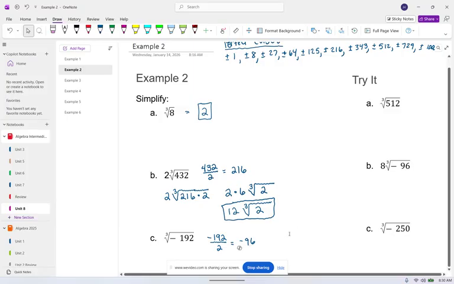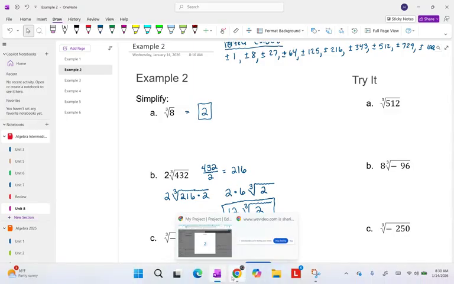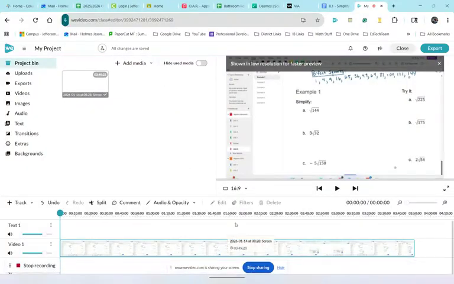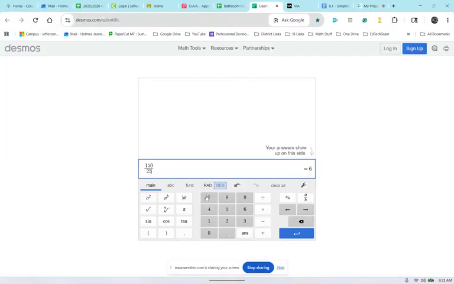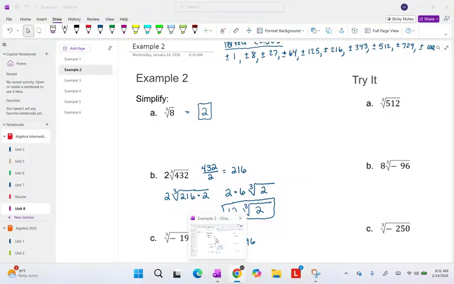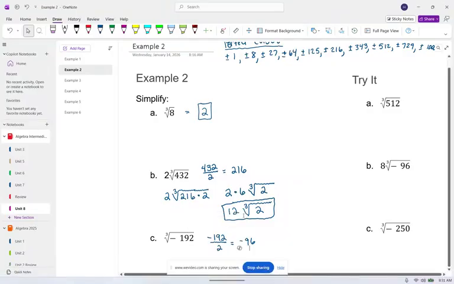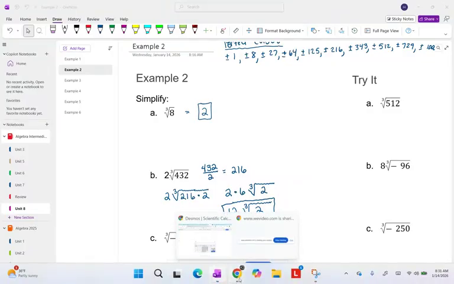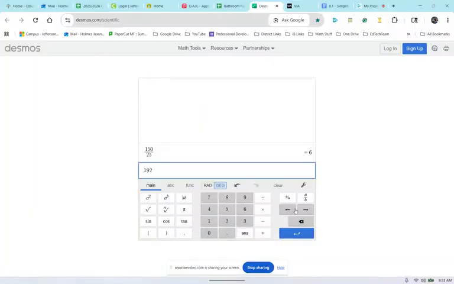So we'll start with 64, and we'll see, is 192 divisible by 64? 192 divided by 64, and we end up getting a whole number, so it is divisible by 64.